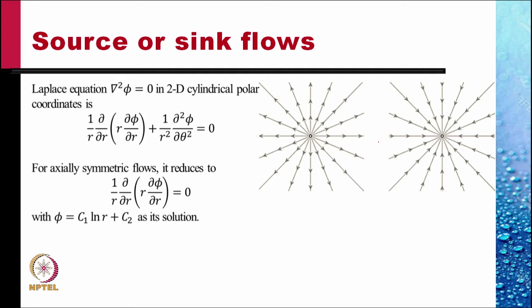Laplace equation del square phi is equal to 0 in two-dimensional cylindrical polar coordinates is 1 over r del by del r of r del phi by del r plus 1 over r square del square phi by del theta square is equal to 0.